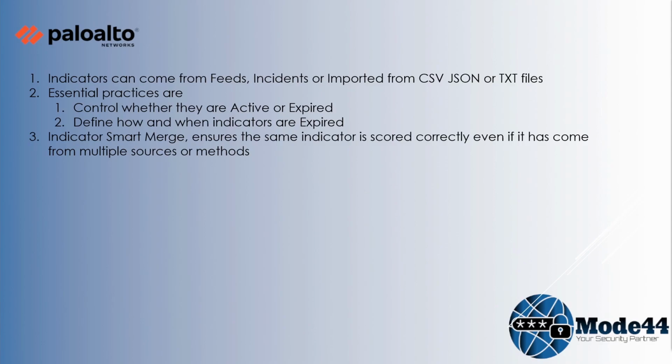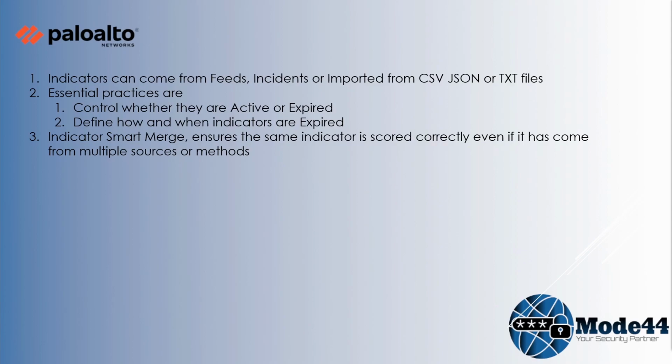Okay, so with Smart Merge, as a general rule, you'll ingest feeds, and then an incident will come in, or you'll create an incident, and that incident will then be enriched. The data will be enriched by one or more integrations.